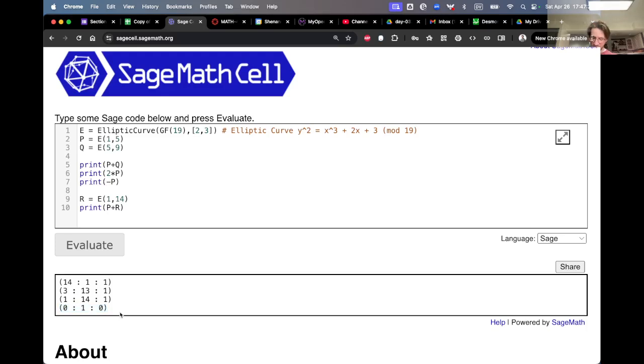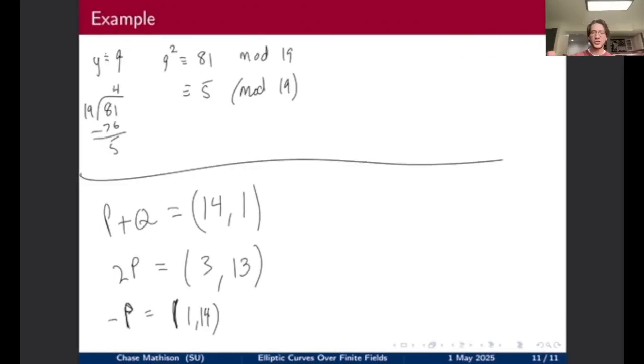There's how you add points in Sage. Again, we're going to be using this Sage program to talk about elliptic curve cryptography. Next time we'll talk about the discrete logarithm problem for elliptic curves over finite fields. It is as hard as it is to solve over F_p.